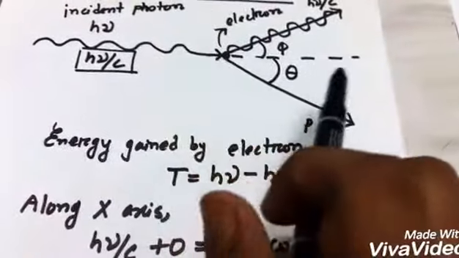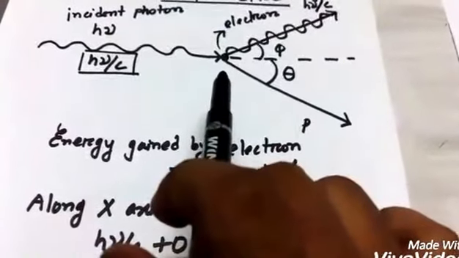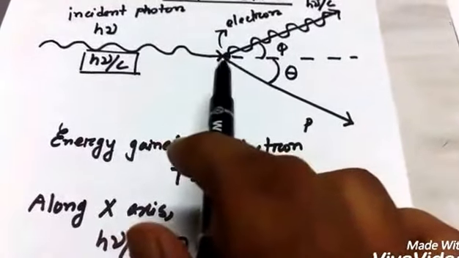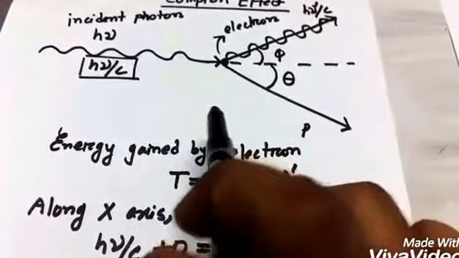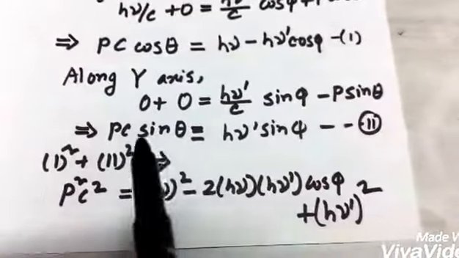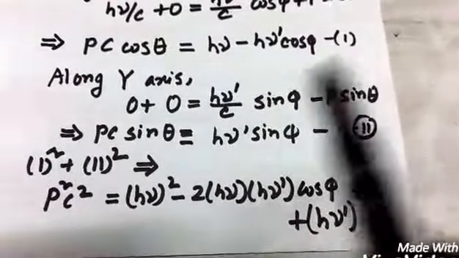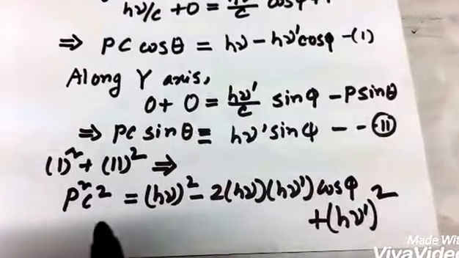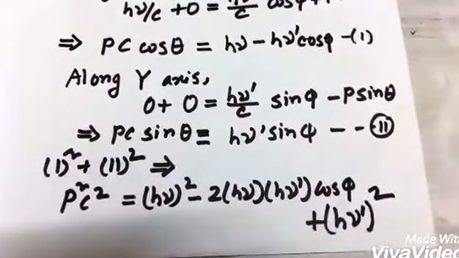If we take the vertical component of the photon along the y-axis, it points in the positive y direction, whereas the vertical component of the electron points in the negative y direction. That's why we put a minus before p sine theta. From that we get this equation. Now squaring both equations and adding them together, we get p square c square equal to this.